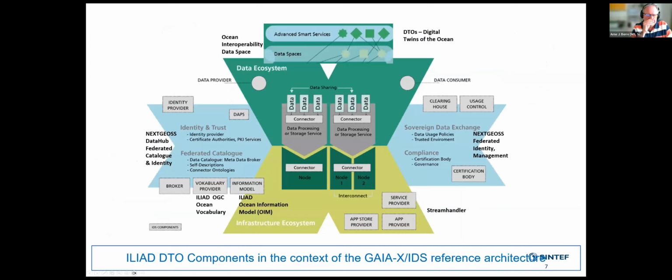We have the Gaia-X and IDS reference architecture. And I will just highlight a few of the things that were mentioned in the concept description. There is support for identity and trust with identity provisioning and federated identity. There is sharing of resources, both data and services, through federated catalogs and harmonizing of that.